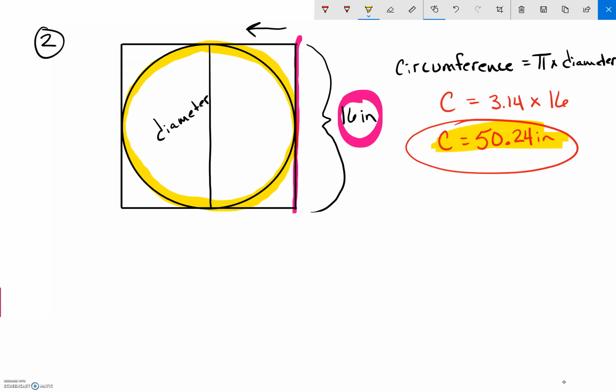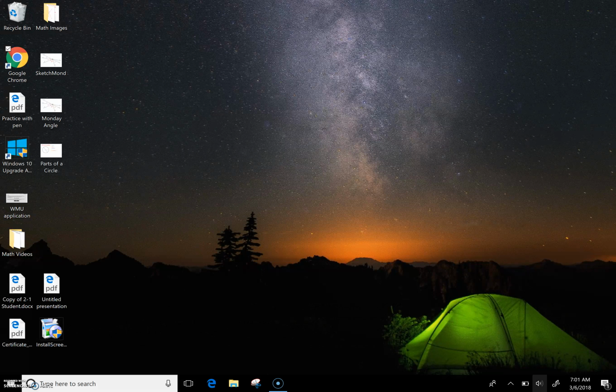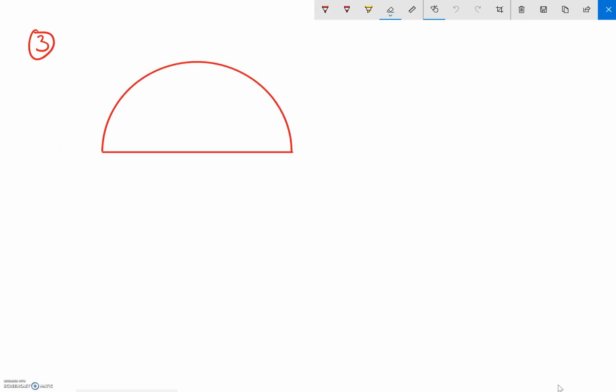On to number 3. Number 3 has 3 parts, and the first part is asking us to explain in words how we would find the perimeter of this semicircle. So keep in mind that perimeter is the distance around. So what do we have here?